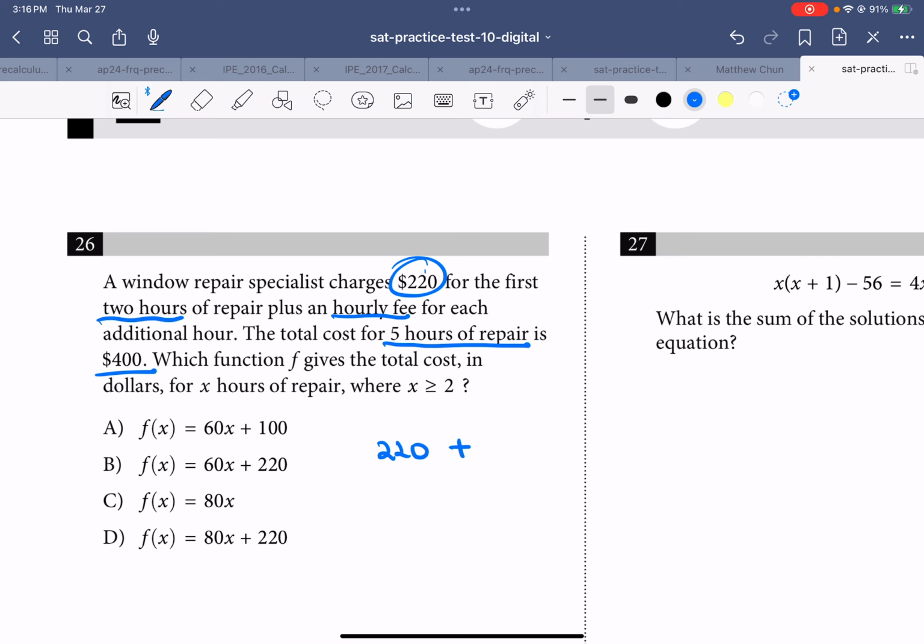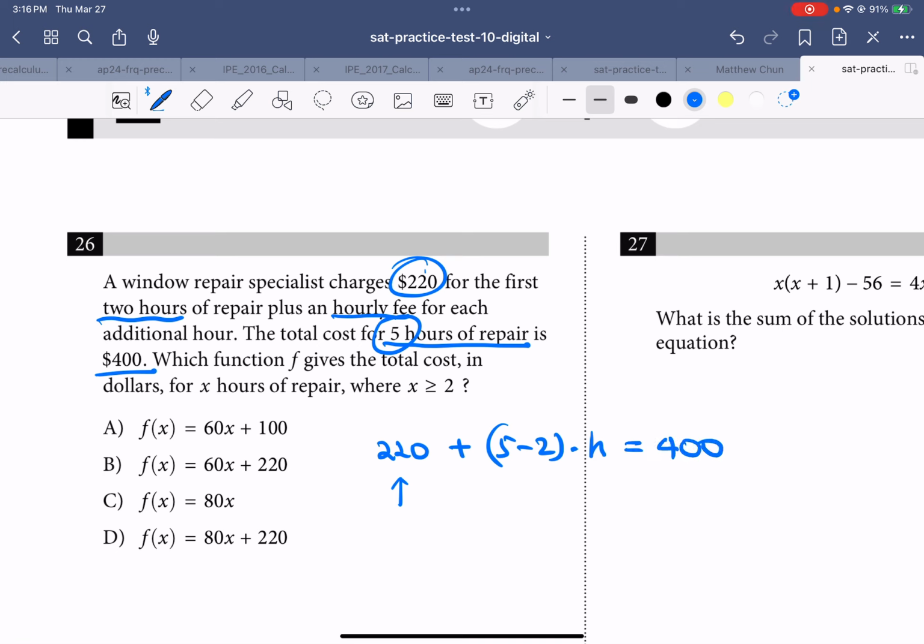Then let's say this is 5 hours. So 5 minus 2. Why do you subtract 2? Because for the first 2 hours they already charged $220 flat, right? So the additional hours are the next 3 hours. So 5 minus 2, 3 hours. The hourly charge we don't know, so let's say h. That's a total cost of $400.